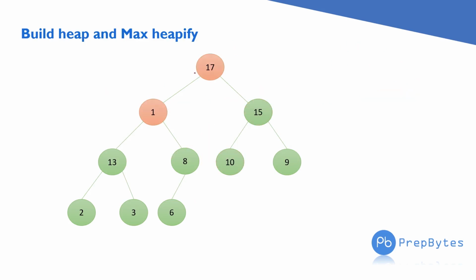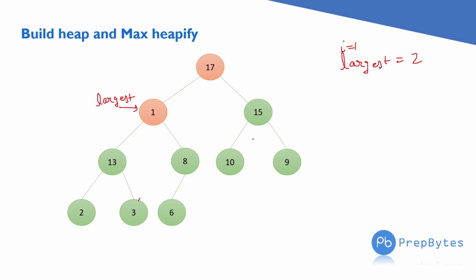As you can see here, 1 and 17 are swapped. i was 1 and largest at the end of our process was 2. Till now, whenever I was swapping, the element was becoming a leaf.